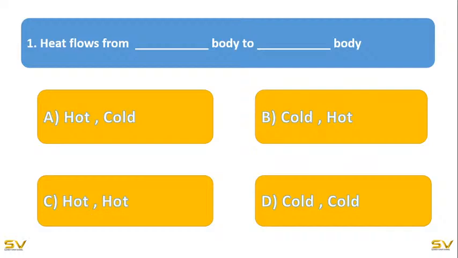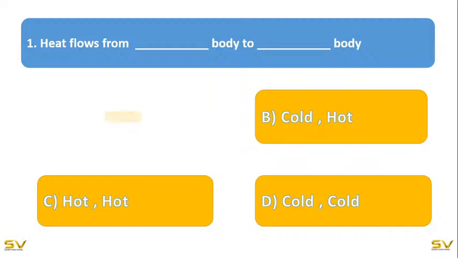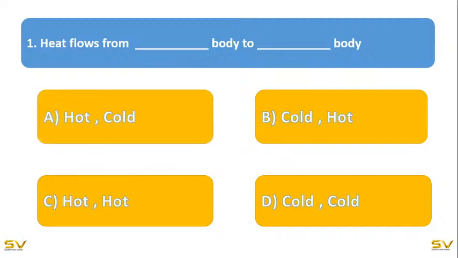Yes, okay, I got the answers. Now it's time to reveal the answer. Yes, Neha, Rahman, yes, it's hot body to cold body. So option A is correct. Very good. Keep it up. Because heat always flows from hot body to cold body only.